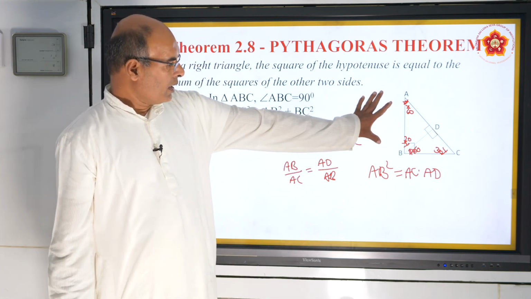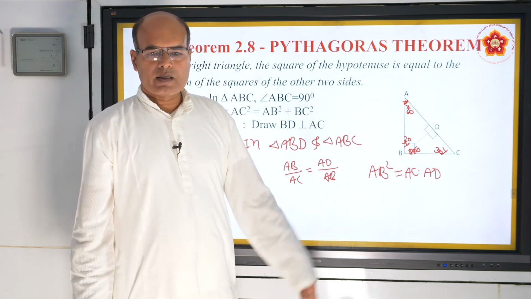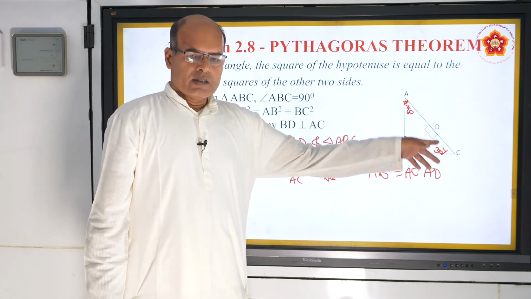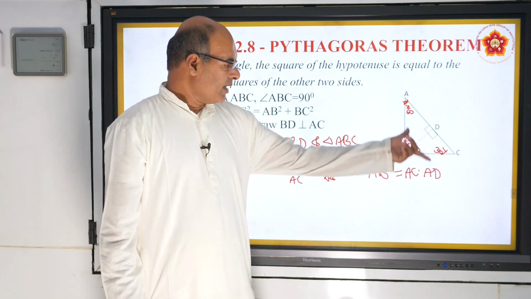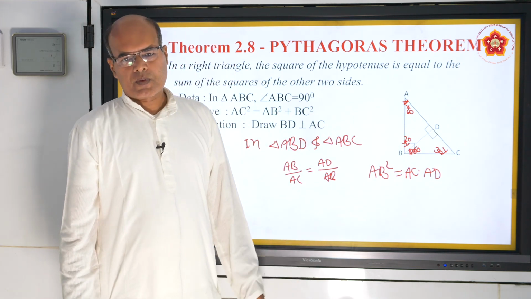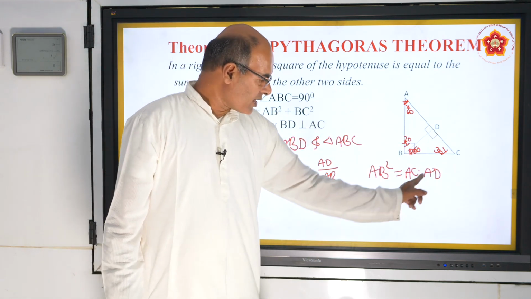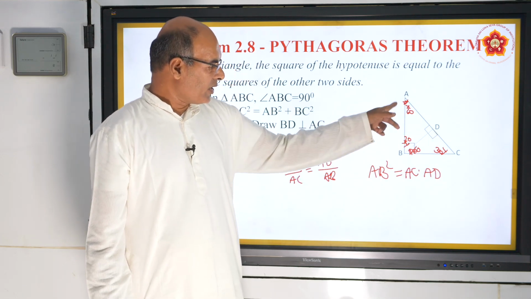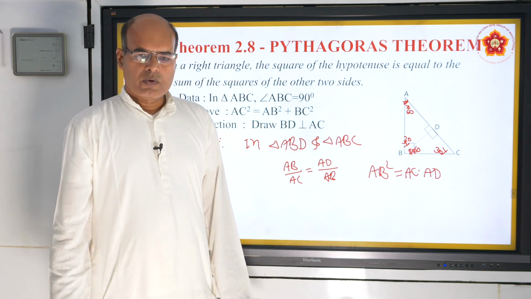Carefully observe: AB square, AB is one of the legs of the big right angle triangle, is equal to AC, the hypotenuse of the big triangle, and AD, the part of the hypotenuse which is nearer to AB. So AB square is equal to the full hypotenuse AC into the part of the hypotenuse which is nearer to AB, that is AD. AB square is equal to AC into AD.